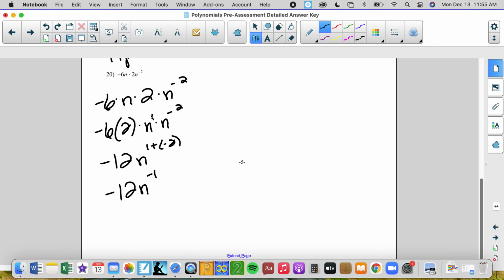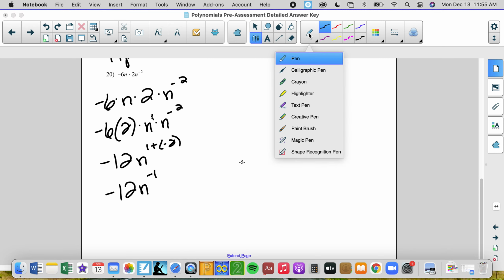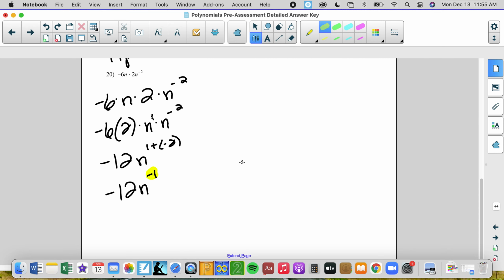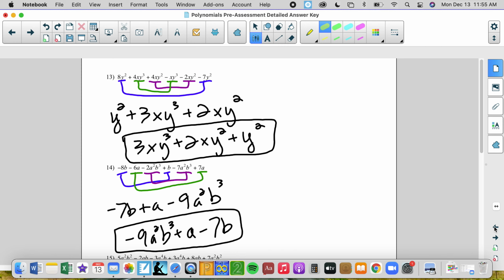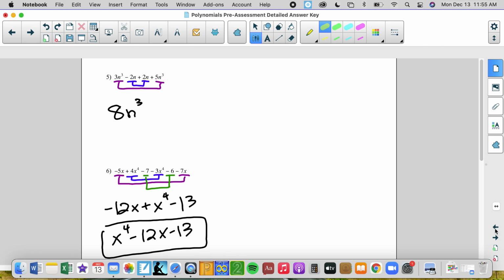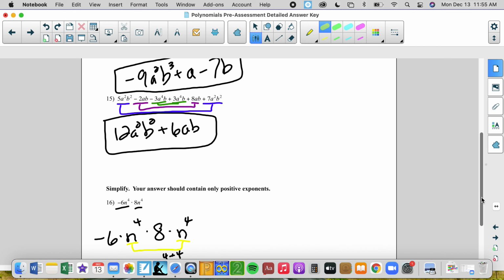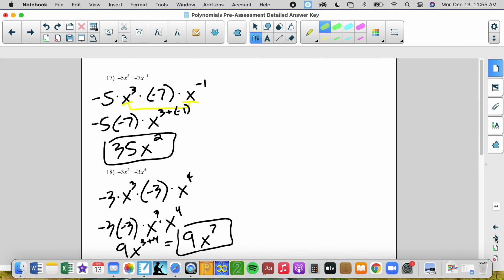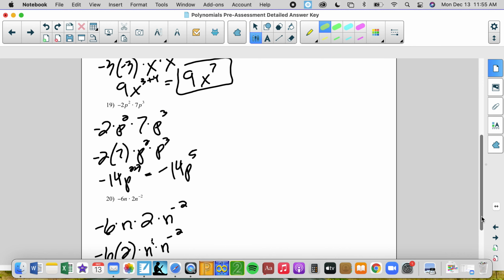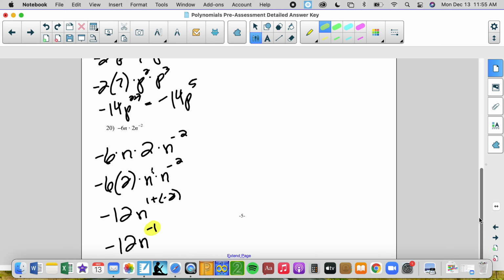Now, we can't have negative exponents. In the directions, I think it's at the bottom of this page, it says your answers should only contain positive exponents. Negative constants are okay.